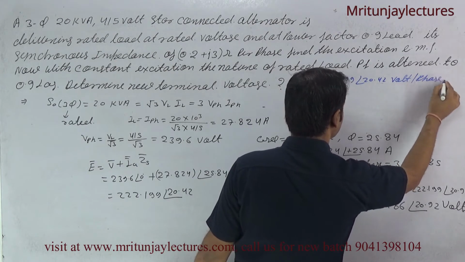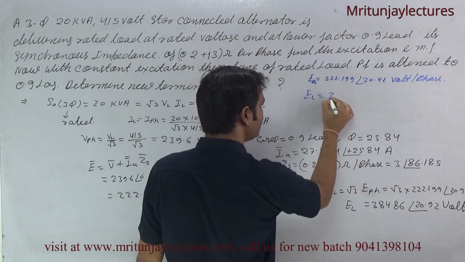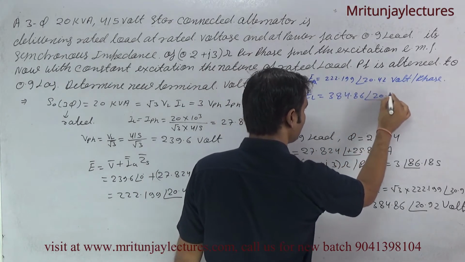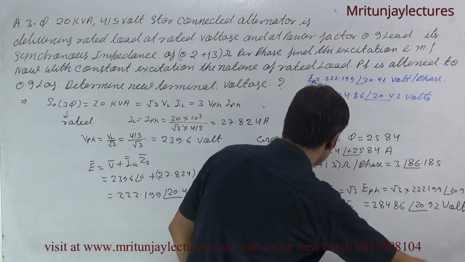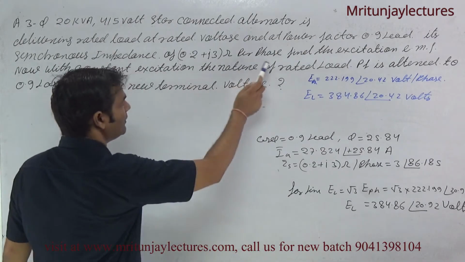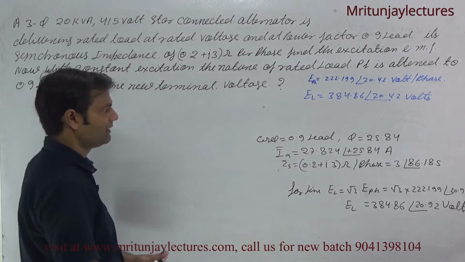In terms of line voltage, 384.86 at the angle 20.42 volt. So for the question to find the excitation EMF, we determined it like this, per phase and in line.